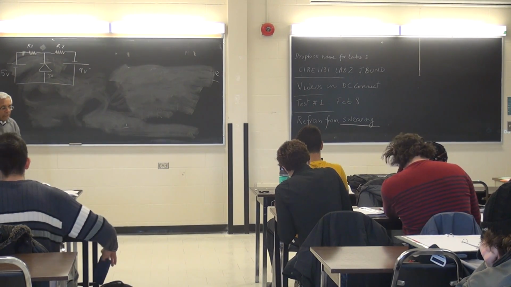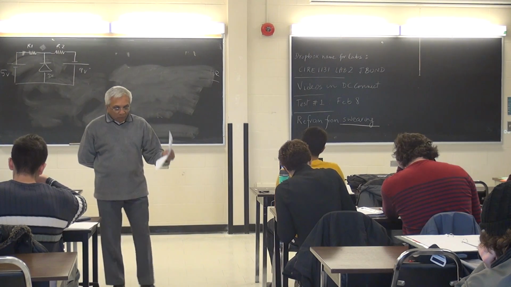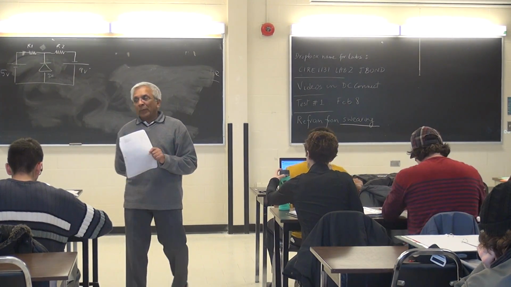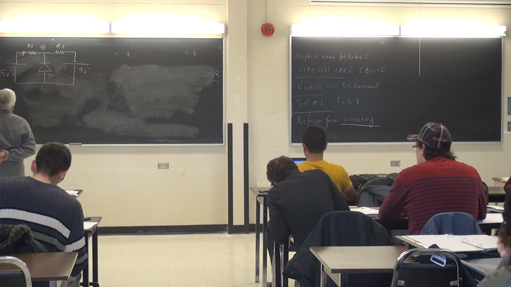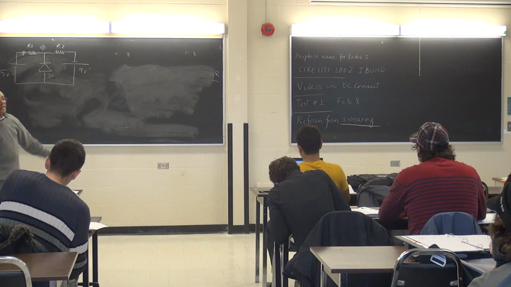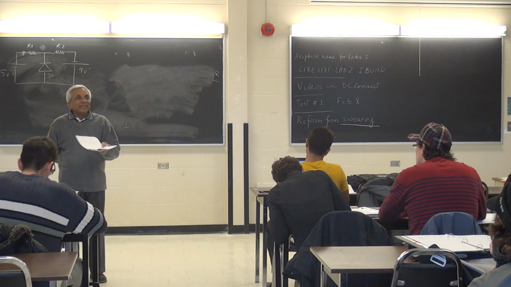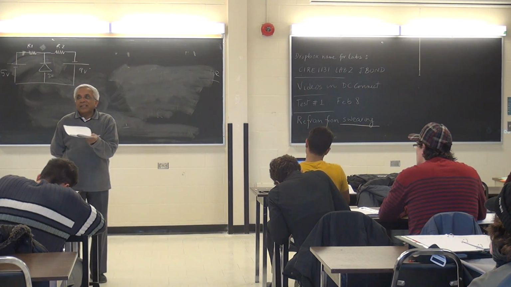So the first thing I look at in the circuit is the polarity, or rather, whether the diode is forward biased or reverse biased. Whenever we have a circuit like this, the bigger power supply is going to take over. It's going to exert its force. It's going to say, I'm in charge here.